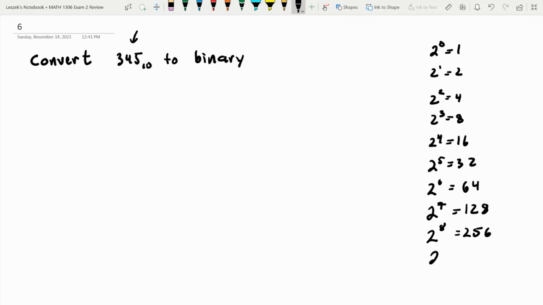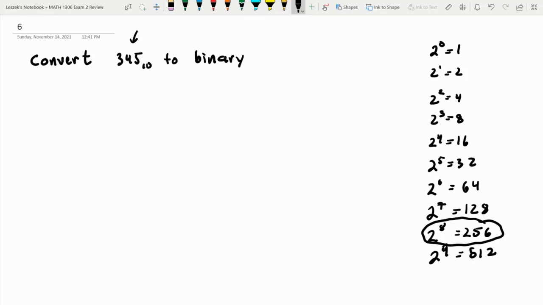So not yet, but 2 to the 9 is 512, right? So we see that's bigger than our number 345. Okay. So then we would ask, how many times does 2 to the 8 go into 345?